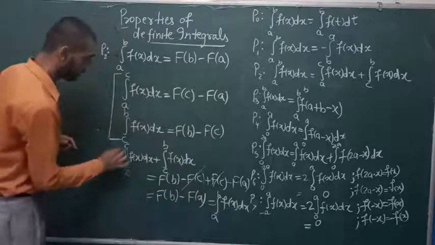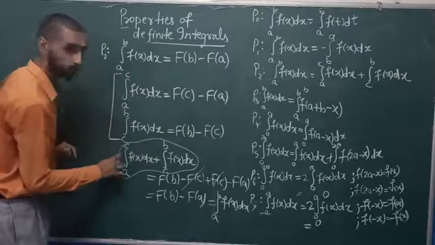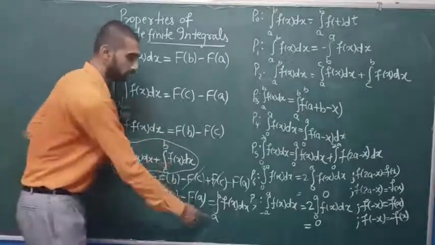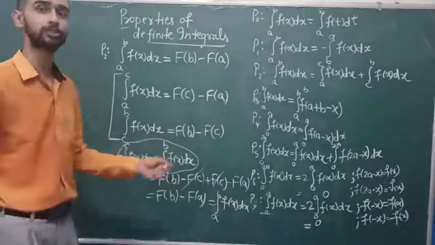So we have proved that A to C plus C to B is equal to A to B fx dx. This is the proof of P2. Now let's move to P3.